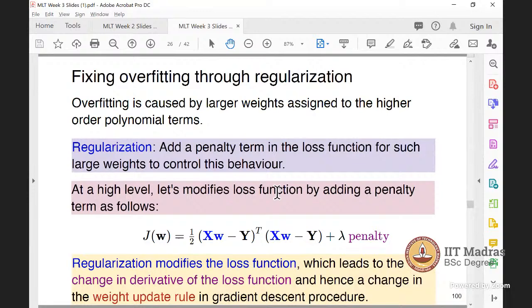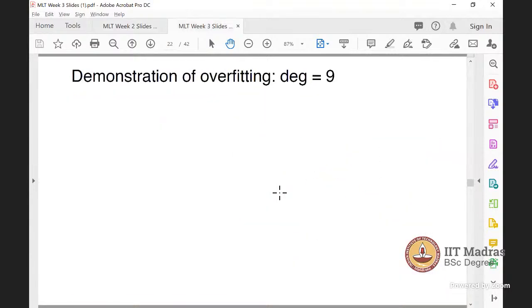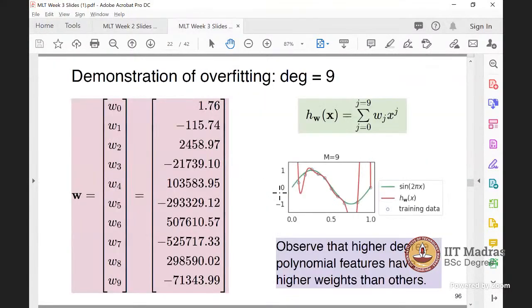The other way of avoiding overfitting is using regularization. By regularization, we want to force our training procedure, which is our optimization procedure, to not allow the individual parameters of the weight vector to increase to very large values in magnitude.